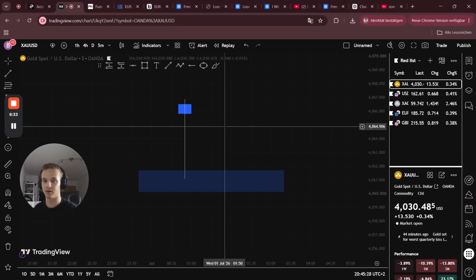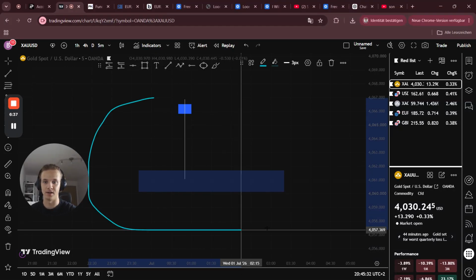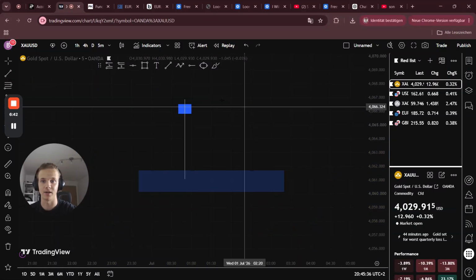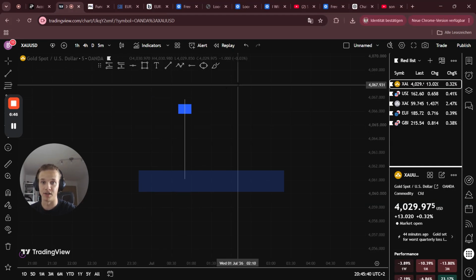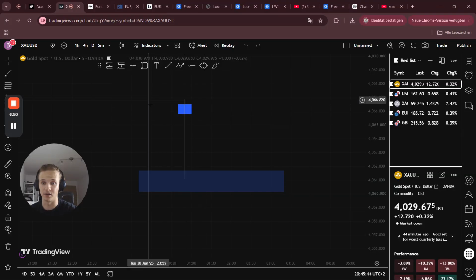That's the textbook entry confirmation, right here. It's a clear pinball candle. But on TradingView, it could look like this.